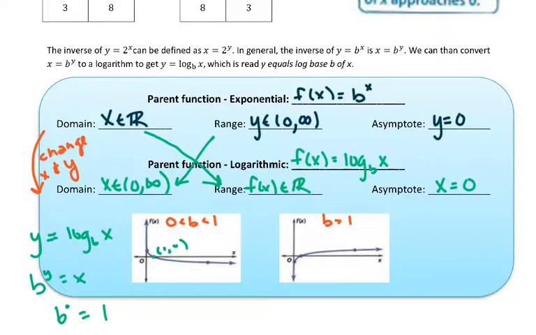I'll do each one a different color, so it'll be a little bit easier to see. All right, so then this point right here is at -1, y value. So b to the power of -1 is actually going to equal 1 over b.